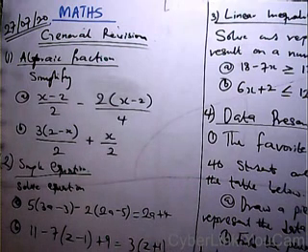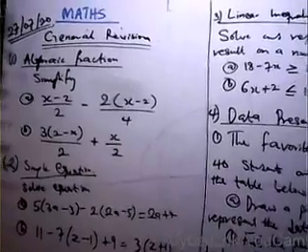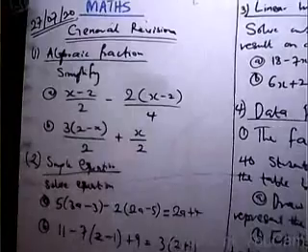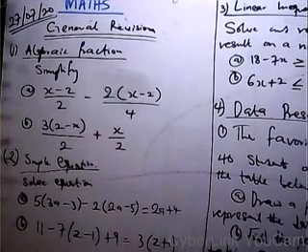In each topic, I selected two questions, which I will try my best to solve one, and you solve the rest, inshallah. The first topic is algebraic fraction, whereby you have the question above. I believe you can see it clearly.